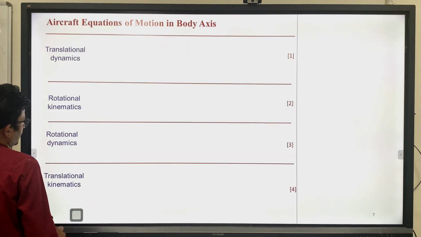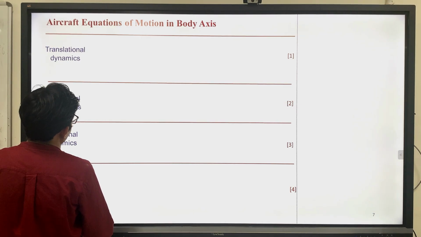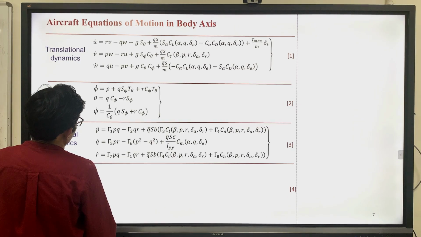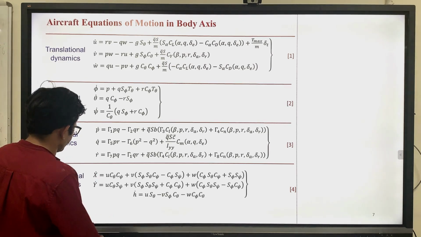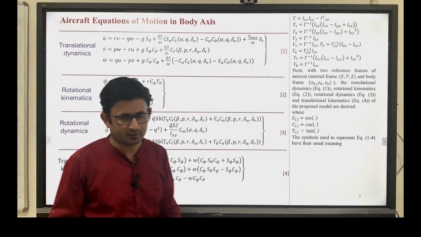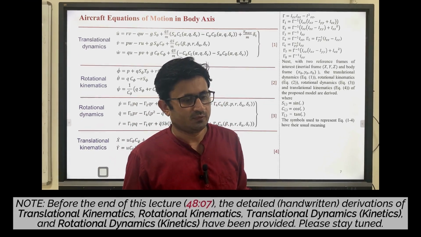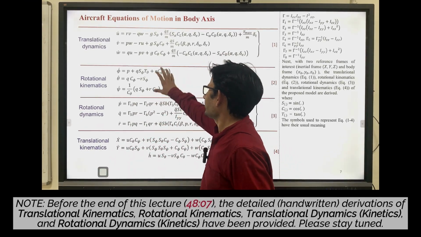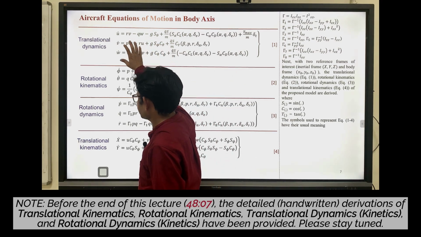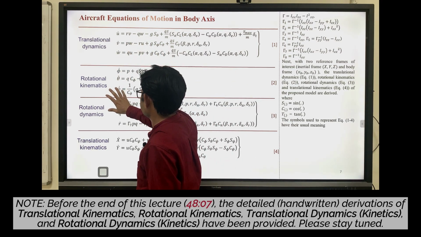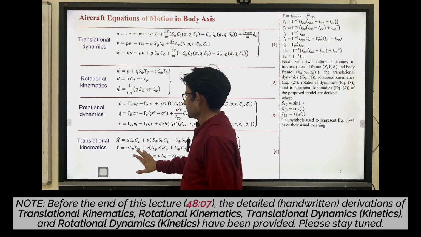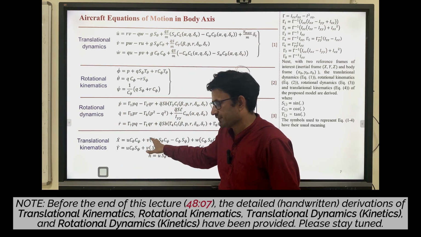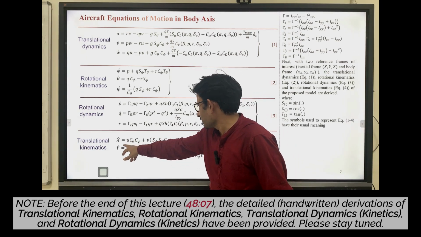Now, when you do everything, you can write the 6 degree of freedom equations. So do not worry about this. Forget about the translational and rotational dynamics first. You just focus on this part, which we have derived, right? x dot, y dot, z dot.